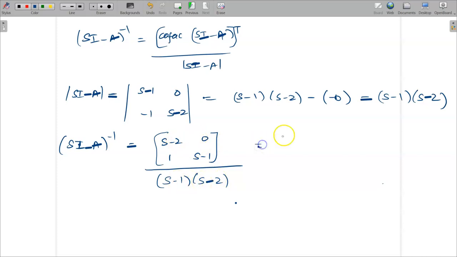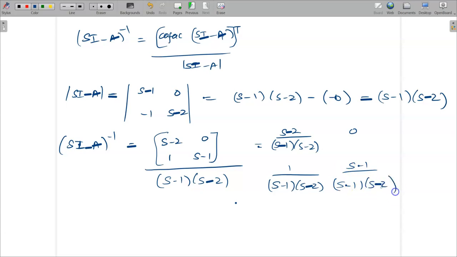So this I can write as (s - 2) divided by (s - 1)(s - 2). Anyway, 0 divided by any term is 0, you can leave that as it is. Then 1 by (s - 1)(s - 2), and (s - 1) divided by (s - 1)(s - 2). Once you have obtained that, (s - 2) gets cancelled, (s - 1) gets cancelled.